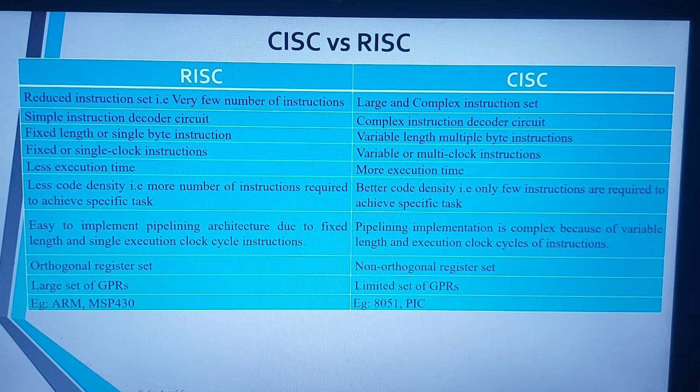However, the special function registers depend on the microcontroller which is selected, irrespective of whether it is CISC or RISC. But general purpose registers are usually large in case of RISC and limited in case of CISC.